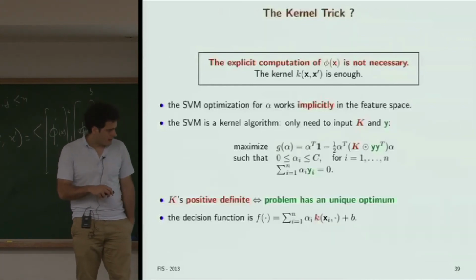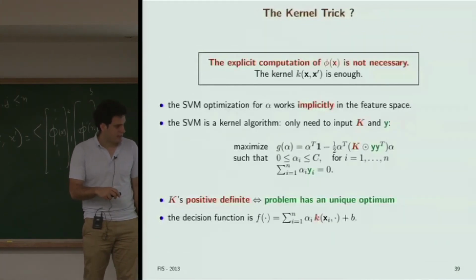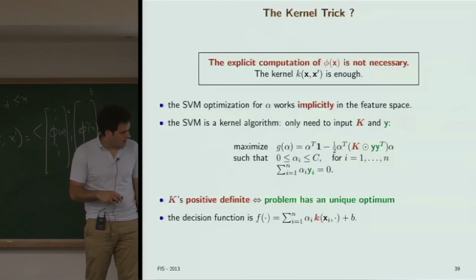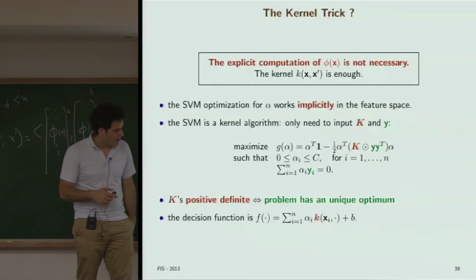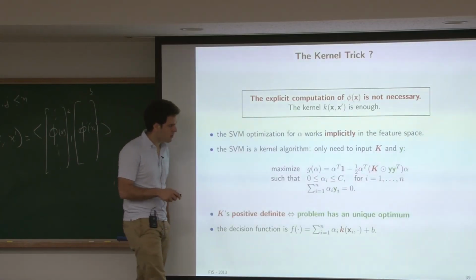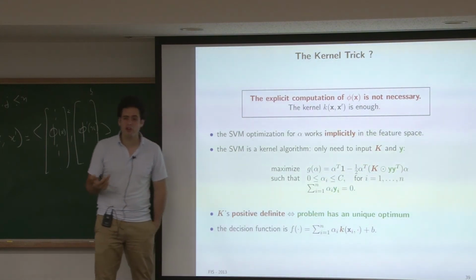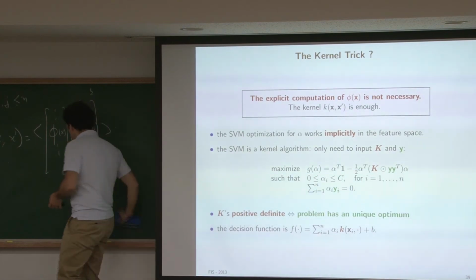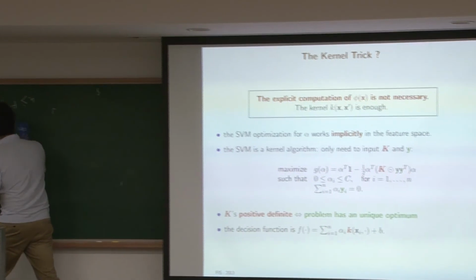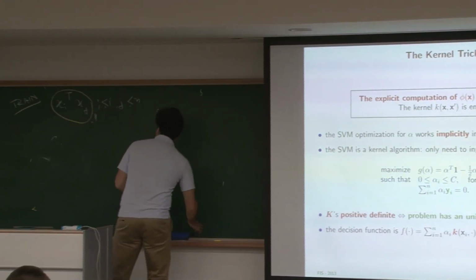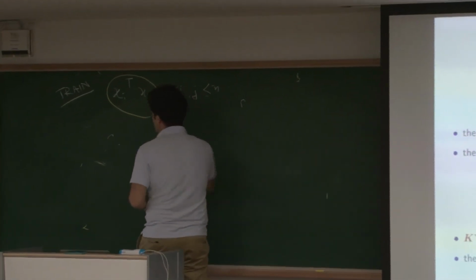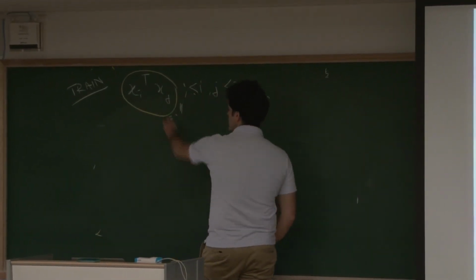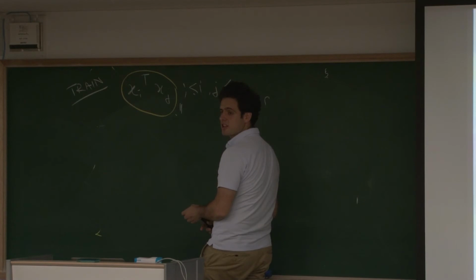And if you look at the optimization that I get here, I get an optimization which only depends on the so-called kernel gram matrix. Basically, I told you that in the training phase, the only thing that matters is the xi's, xj's.